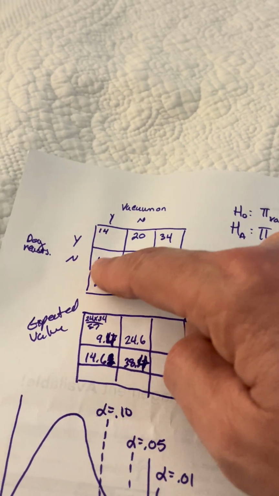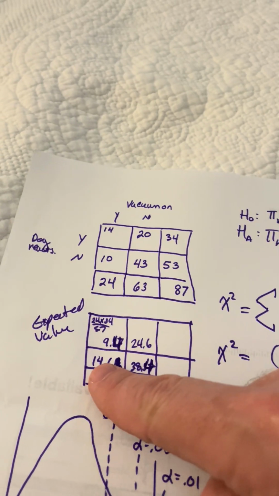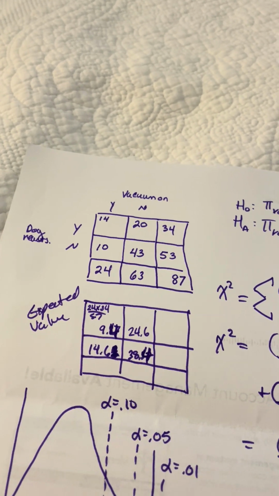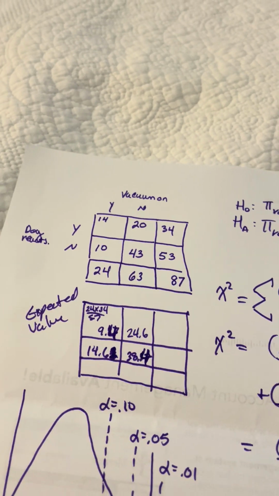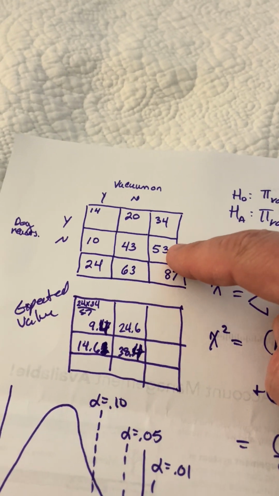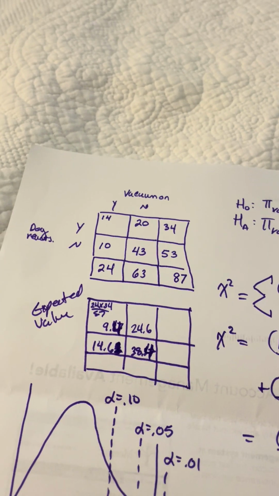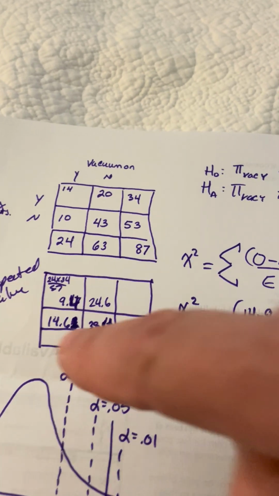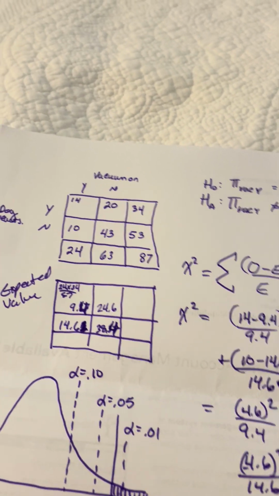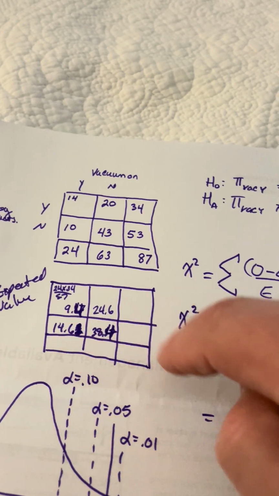For the expected value in this cell, we're going to go 53 times 24, and we'll get 14.6. 53 times 24 divided by 87 gives you 14.6. And then the last one's 53 times 63 divided by 87, and then you get your 38.4. Now, what this is saying is if all things were balanced, that's the value that should be in there.